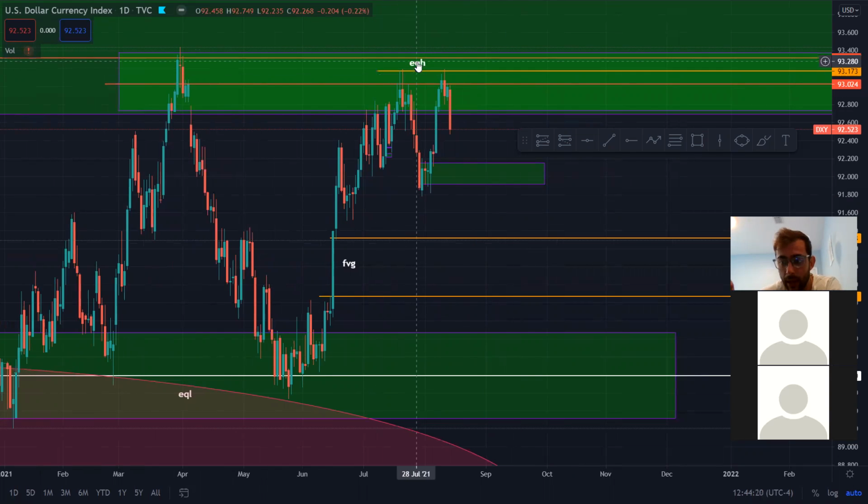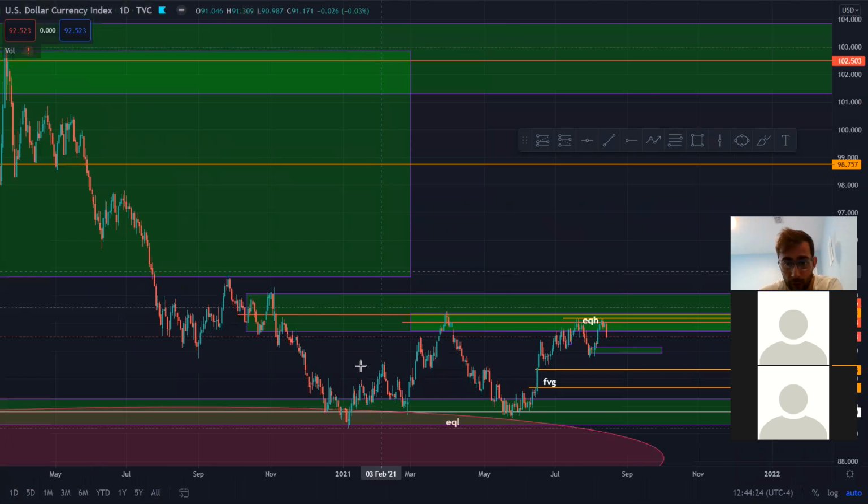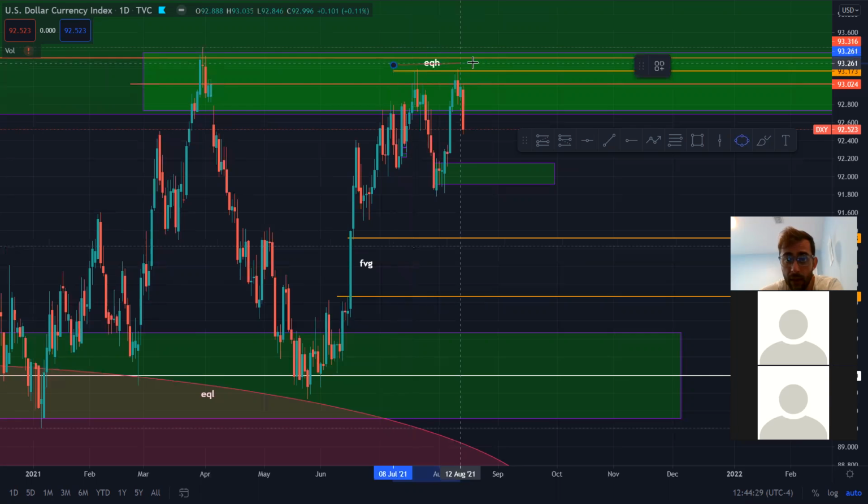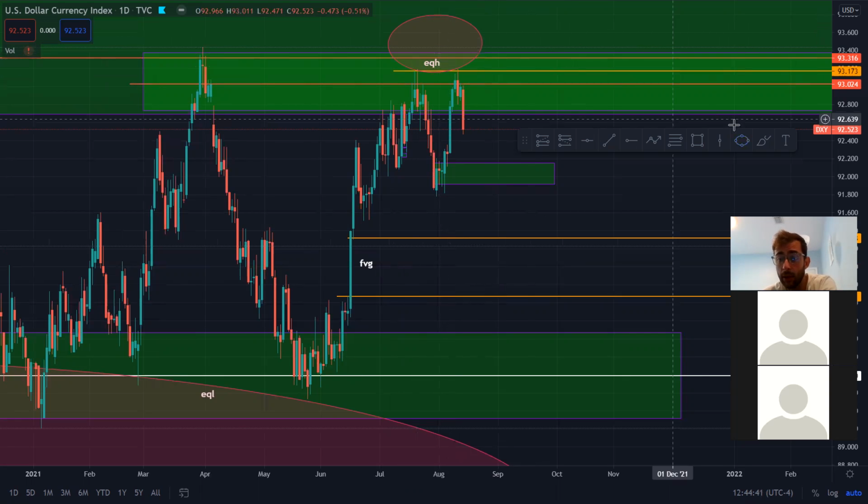So when we see equal lows or equal highs, what does that mean? Liquidity pool, right? This was a liquidity pool that we talked about earlier. On the short-term liquidity, we have very nice amounts of sell orders up here, I mean stop loss orders and buy stops above here. People are saying, if it goes above here, my buy stop will be activated. So maybe the market could come back up, grab those orders, stop these people out, and then come back down.